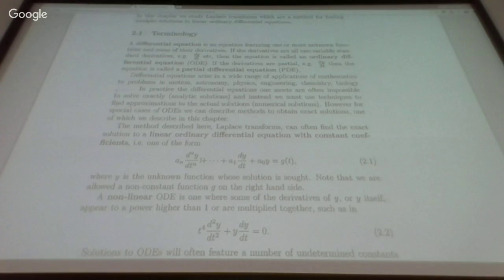And now let's introduce the idea of a transform itself. Okay? And in order to do this, I want to just give an analogy with some properties of the logarithm. Okay?